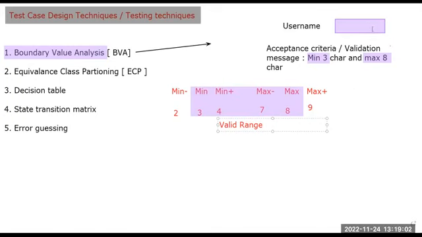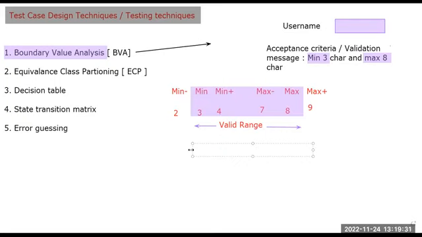And when will we get an error message in this username field? When it is out of range, like 2 or 9. If you provide a value of 2, less than 3, then you will get an error message like, please enter a value between 3 to 8 characters.